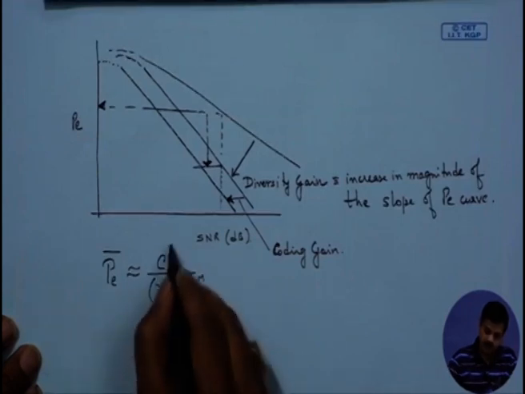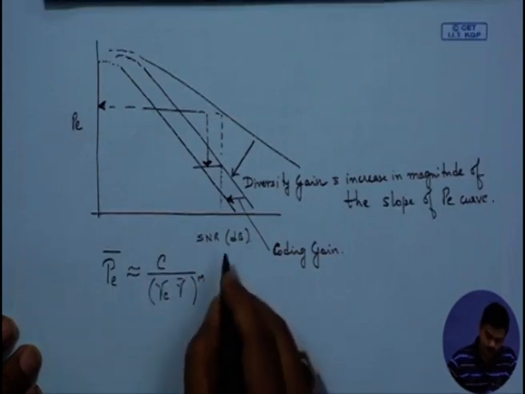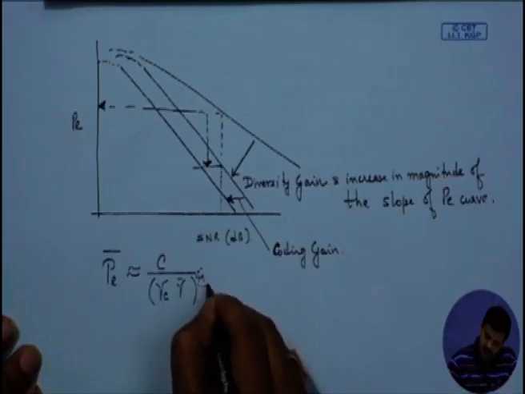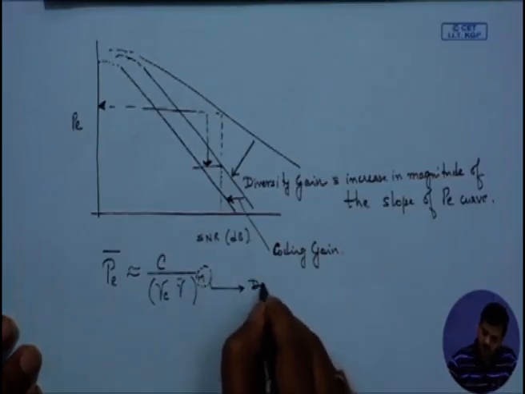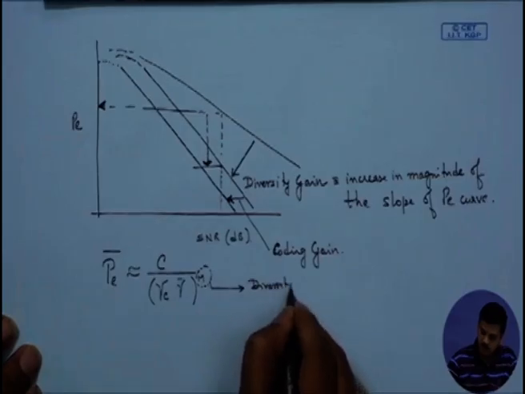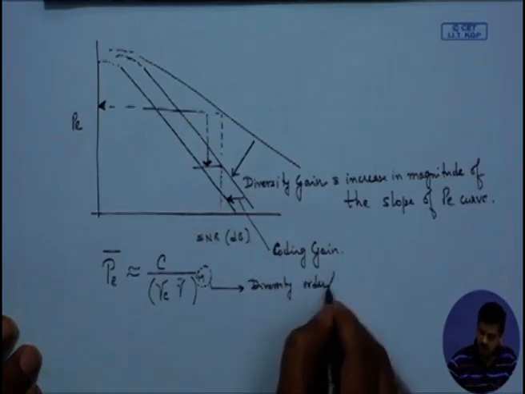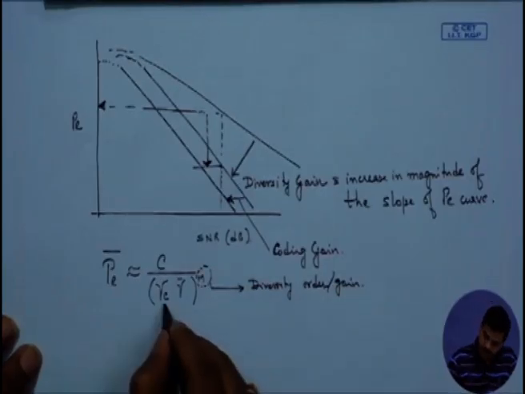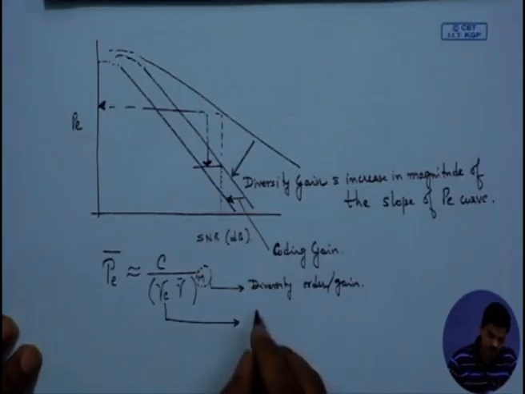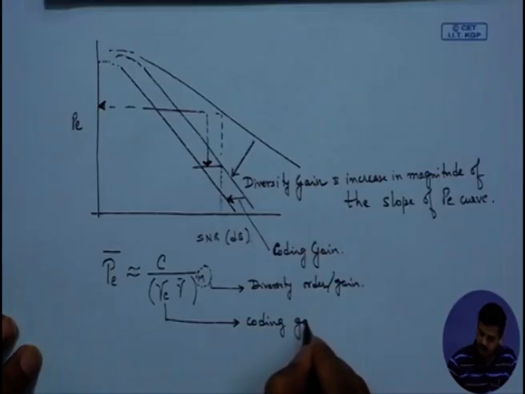Now this constant we can't do anything about, but this particular exponent gives us the diversity order or the diversity gain that is available, and this particular coefficient indicates the coding gain.